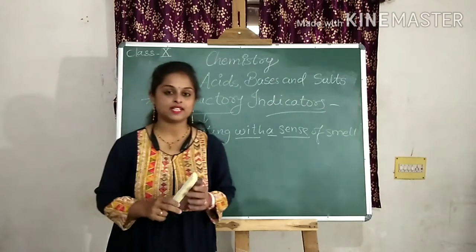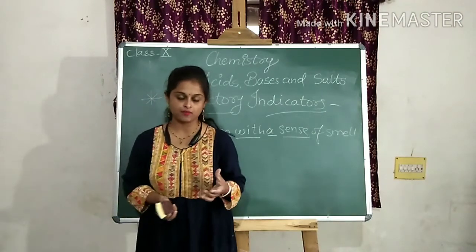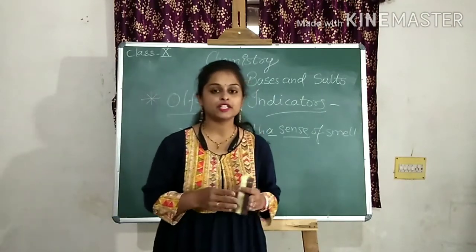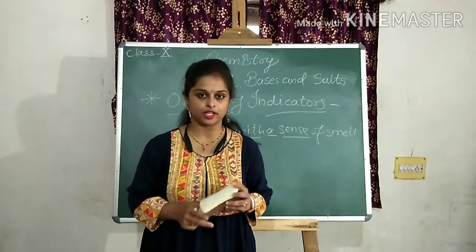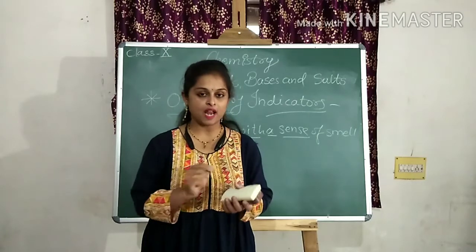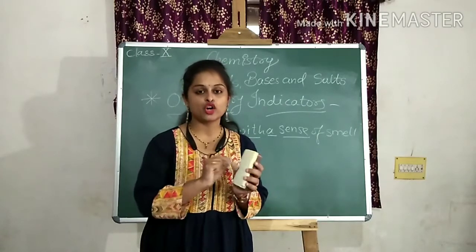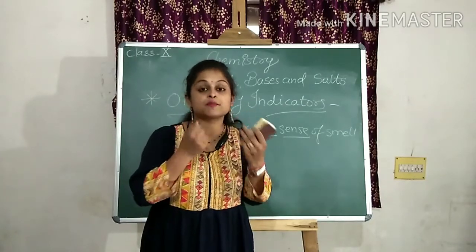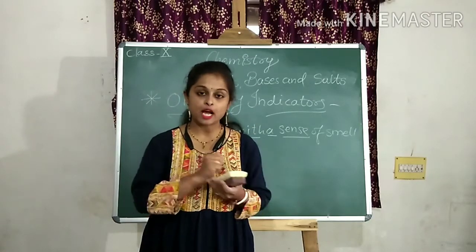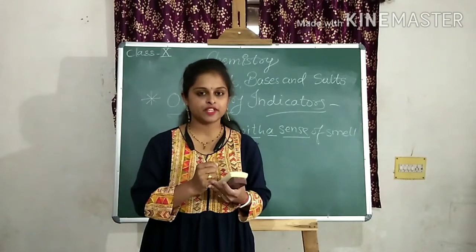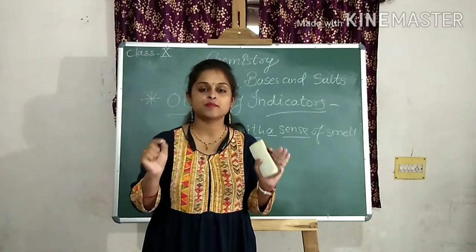Just take a common example, onion and vanilla. When we are cutting onion, by the smell only we can understand that this is onion. If you apply this onion at the corner of the cloth, you will feel the smell of the onion. Use sodium hydroxide and apply on it. You will feel that it destroys the smell of the onion.